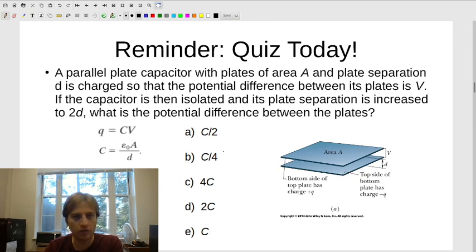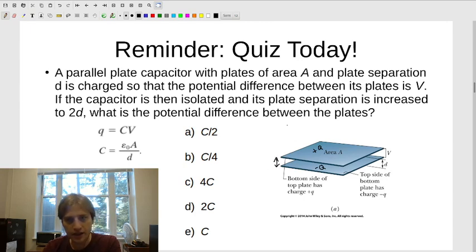Okay, well, let's just see where this comes in. You've got a plus Q and a minus Q on these 2 plates. And presumably that's going to stay the same as we change this D up to 2D.